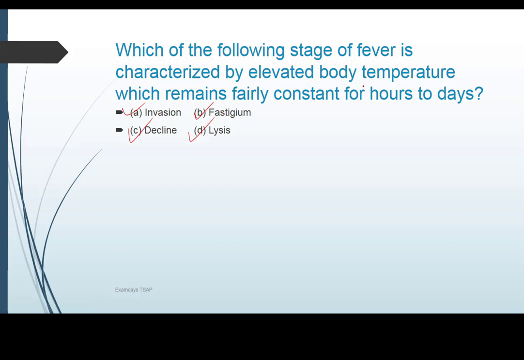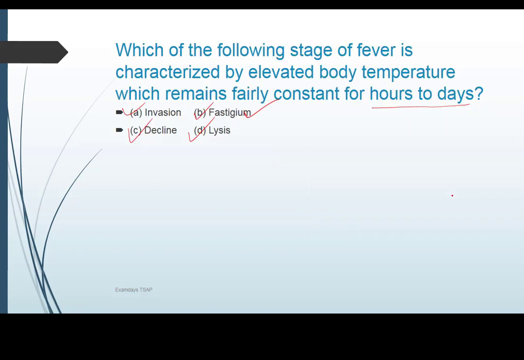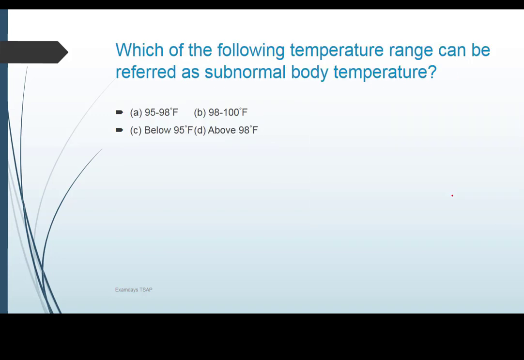The body temperature which remains constant for hours to days comes under fastigium, the period at which the symptoms of a febrile disease are most pronounced. The fastigium is also the angle in the roof of the fourth ventricle of the brain, as shown here.